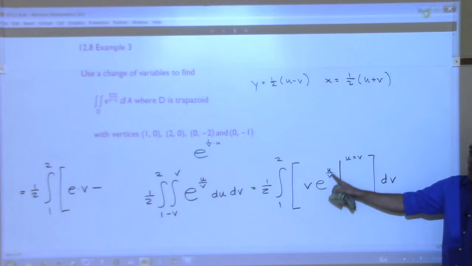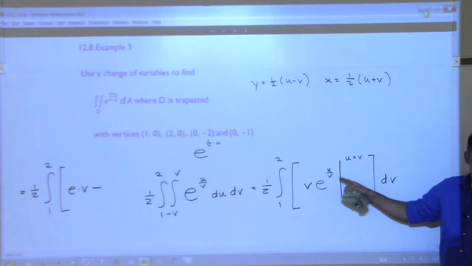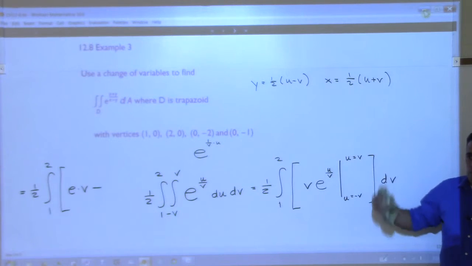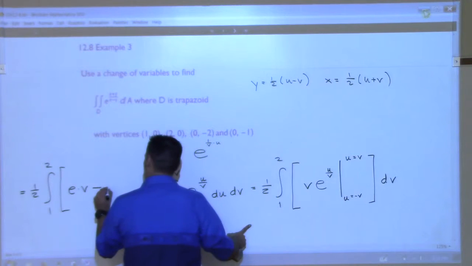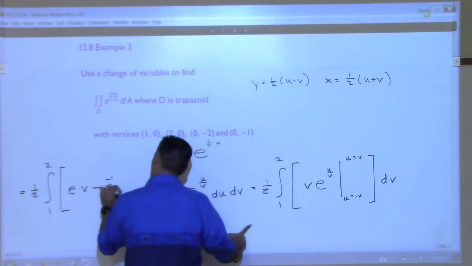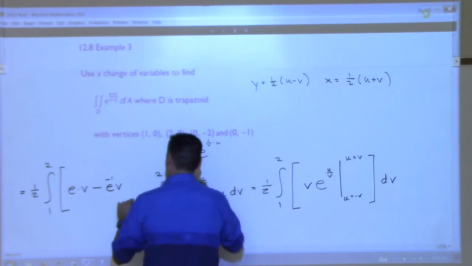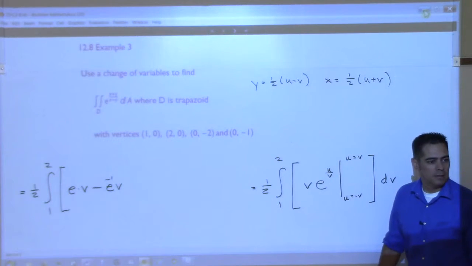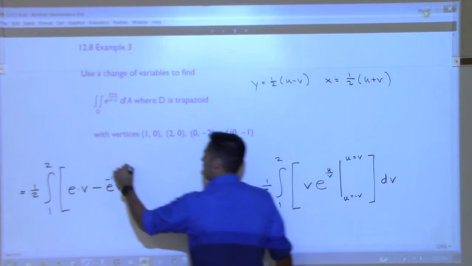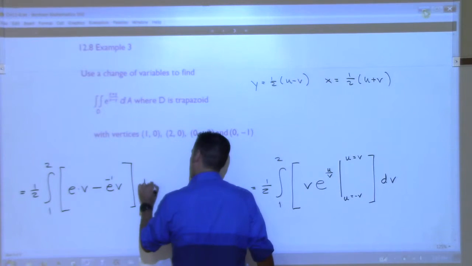Negative v goes in there, you get negative 1. So e to the negative 1 is just 1 over e, right? So we're going to have minus e to the negative 1 times v. Got it? dv.